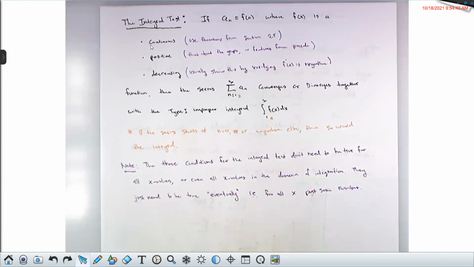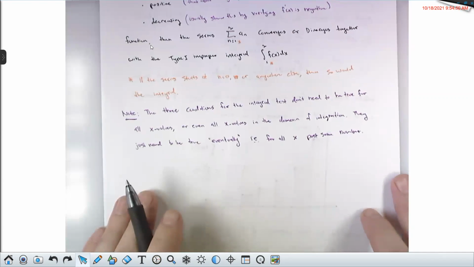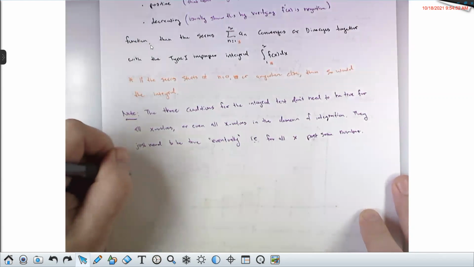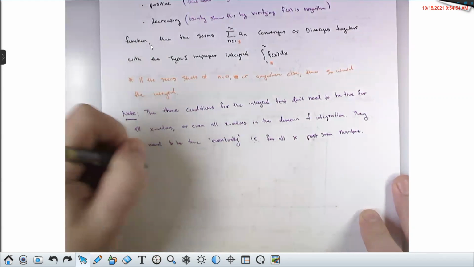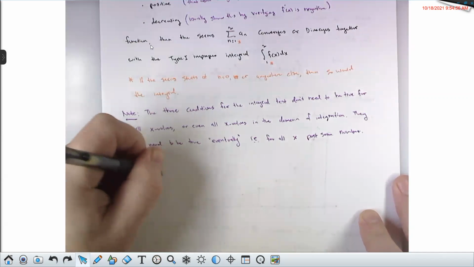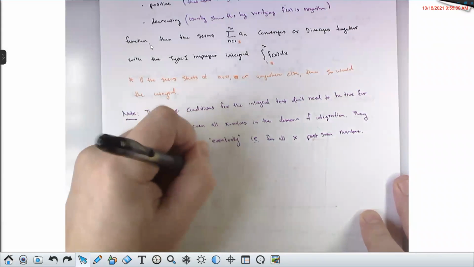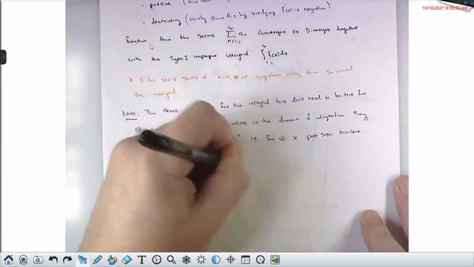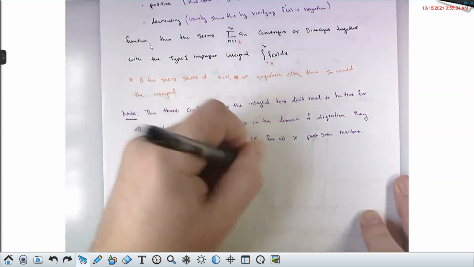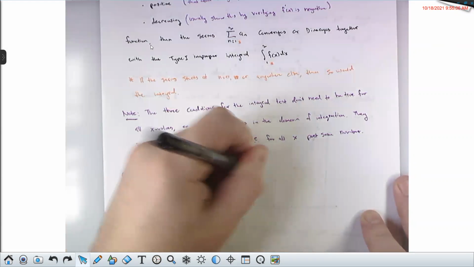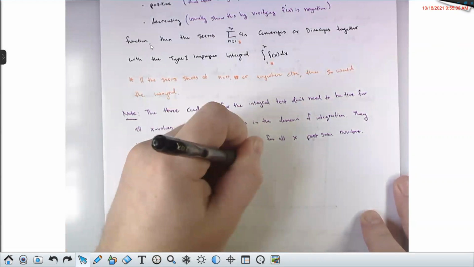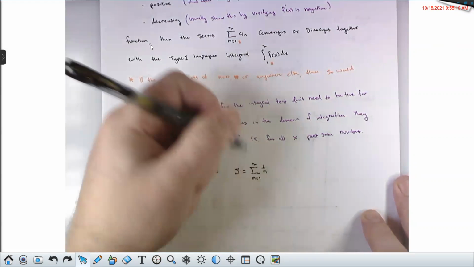Last time, I made the claim that the harmonic series diverges. Let me prove that for you now. So we're going to investigate the series sigma n from 1 to infinity of 1 over n.